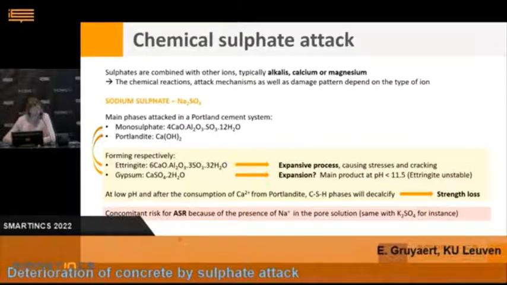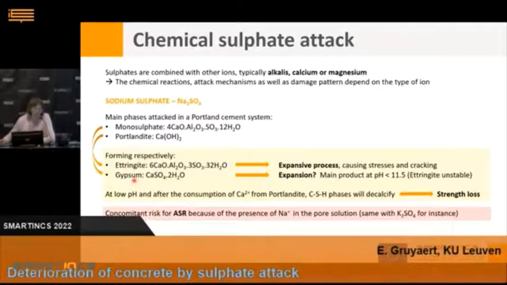So after that, if the aluminium ions are used and there is still sulfate present, then mainly gypsum will be formed, as you can see over here, and this gypsum mostly appears in the zones closer to the surface of your concrete element.